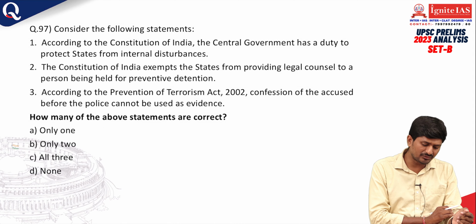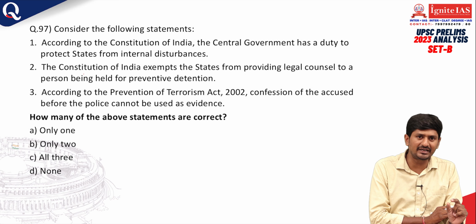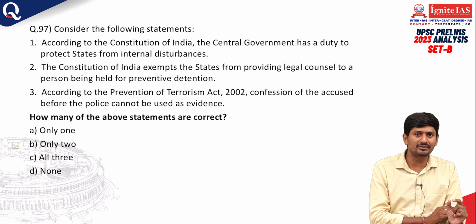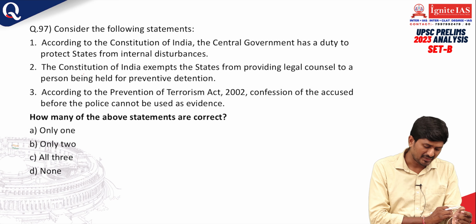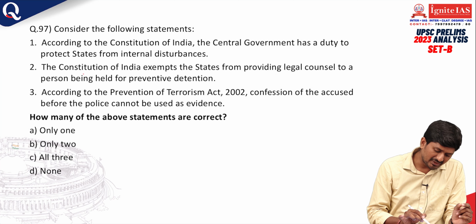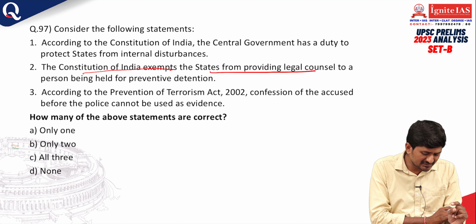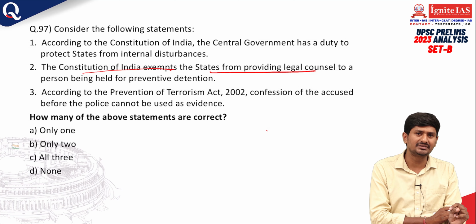Coming to the 97th question, according to the Constitution of India, the central government has a duty to protect the states from internal disturbances. Yes, it is true because of Article 355 of the Constitution, and Article 365 also talks about the same. Coming to the second statement, the Constitution of India exempts states from providing legal counsel to a person being held for preventive detention.